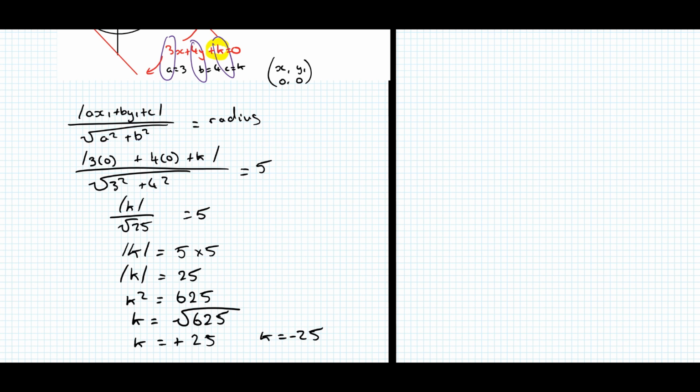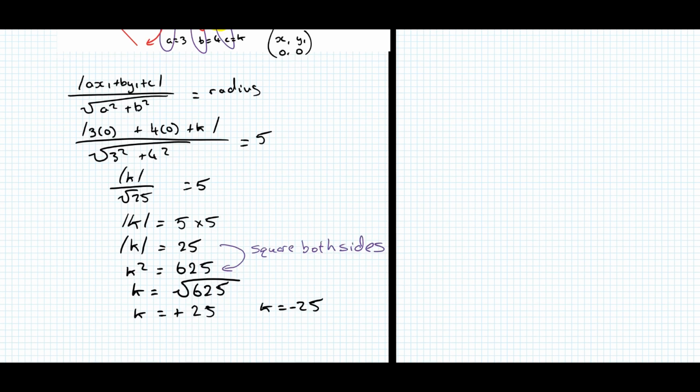3 by 0 is 0, 4 by 0 is 0, and you're just left with the modulus of k on the top line. Square root of 25 on the bottom line is 5, so we're getting 5 by 5 when you multiply across. And then how do you get rid of the modulus sign? You square both sides. We know we want two answers, so we're getting two values of k at the end.